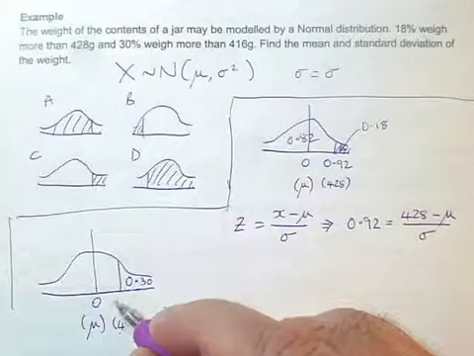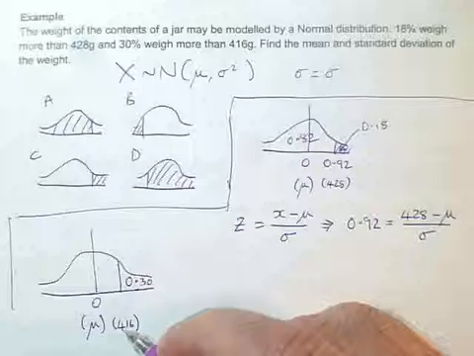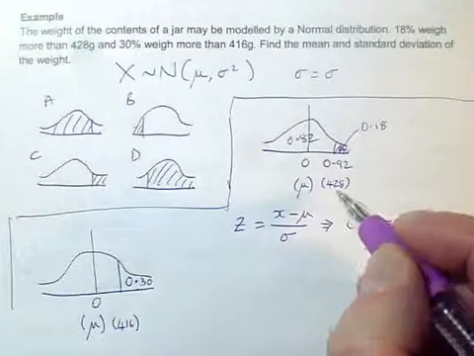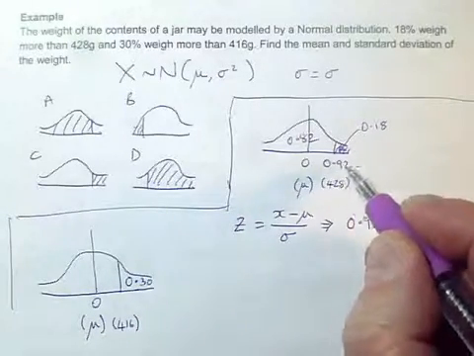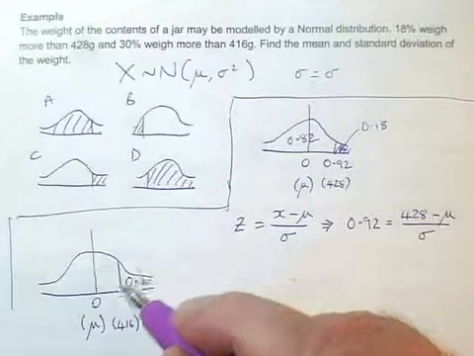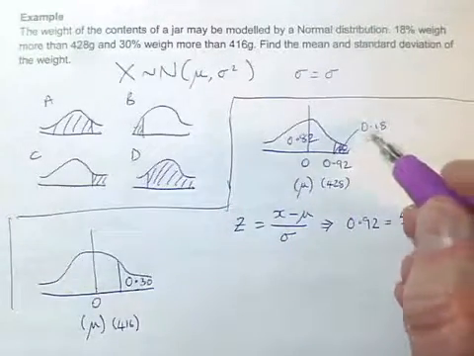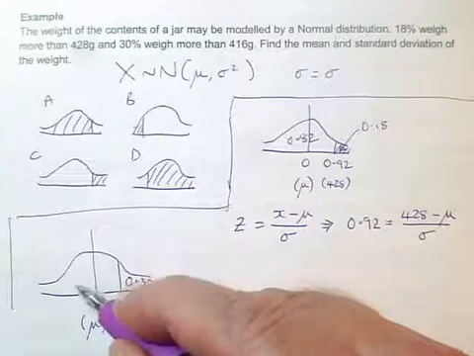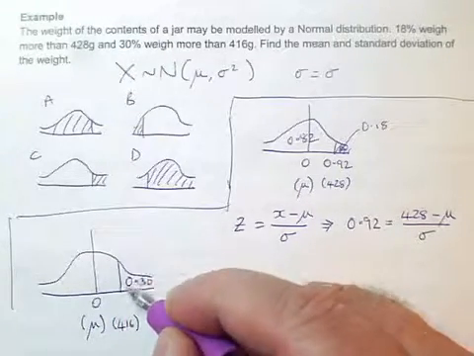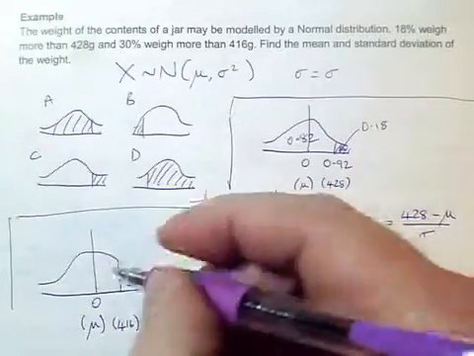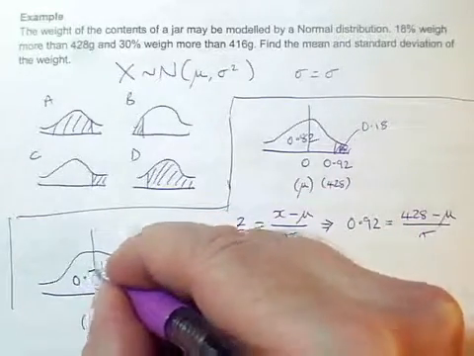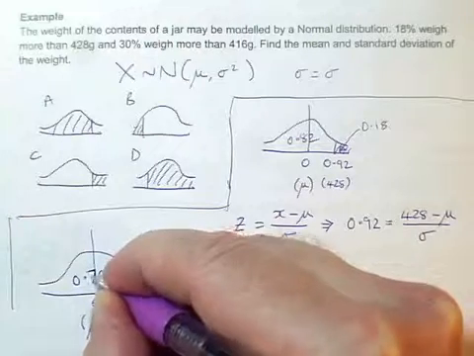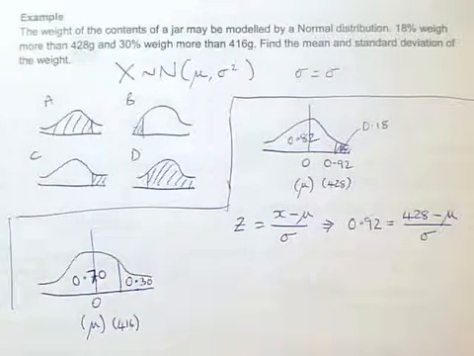So I'm expecting a positive Z value, but because this 416 is less than 428, I'm probably going to get a value of less than 0.92, because this probability is more than the 0.18. So what probability do I need to feed into my calculator? It needs to be the probability on the left. So I do 1 minus 0.30, which gives me 0.70 is the probability my calculator would like to look up.